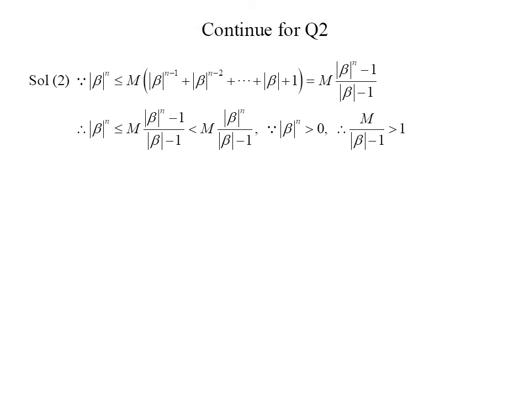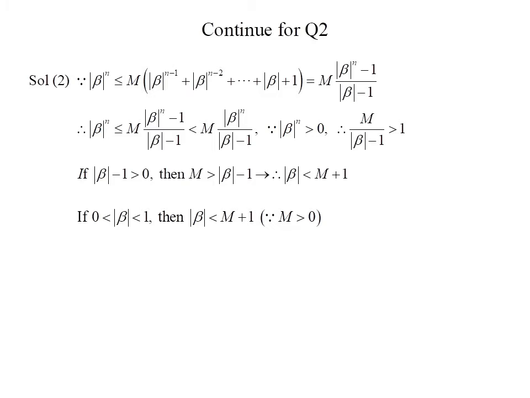The inequality of M divided by the result of the modulus of beta minus 1 is greater than 1 is obtained. If the modulus of beta minus 1 is greater than 0, then the modulus of beta is less than M plus 1.